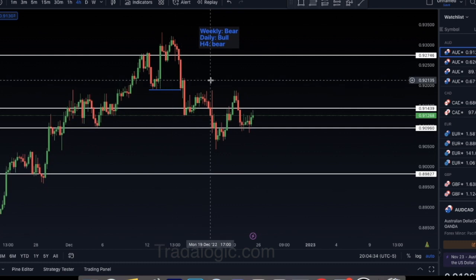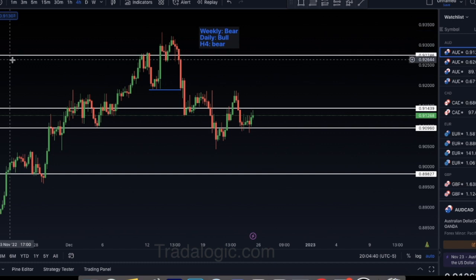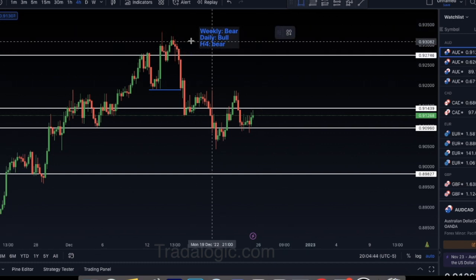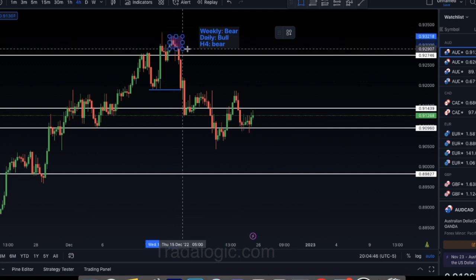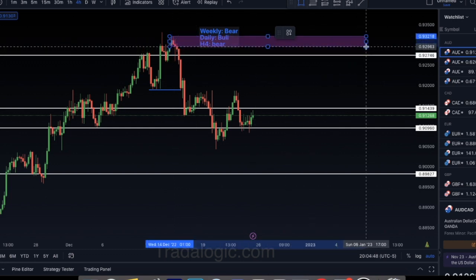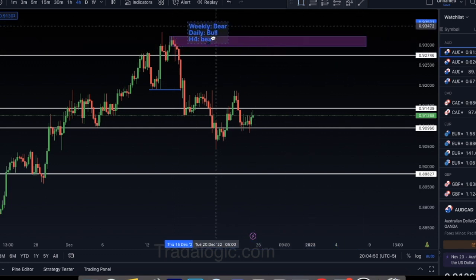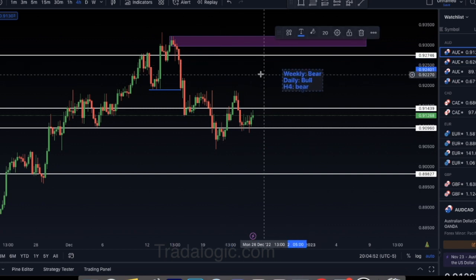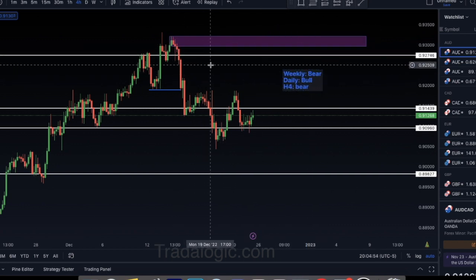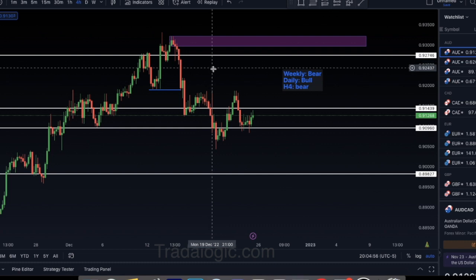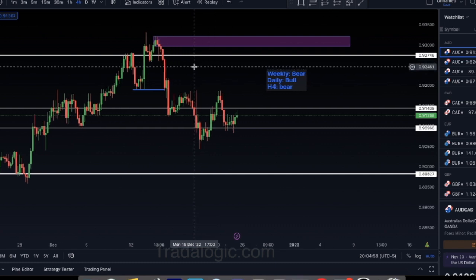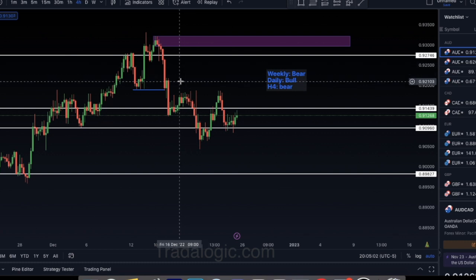Which one was the last candle before the market actually pushed down really hard and broke the structure? I can tell the last candle is the up candle over here. So this was the last candle we had before the market actually pushed down and broke structure.